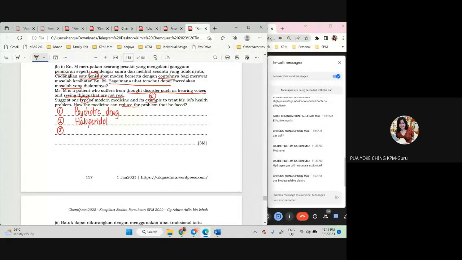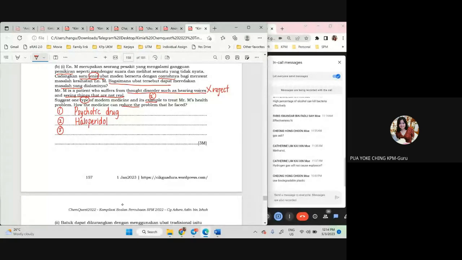Tahun lepas kita dapat ramai pelajar dia tulis mengurangkan gangguan pemikiran ataupun supaya tidak lagi mendengar suara dan melihat sesuatu yang tidak nyata. Semua reject. Tak boleh salin balik masalah dia.